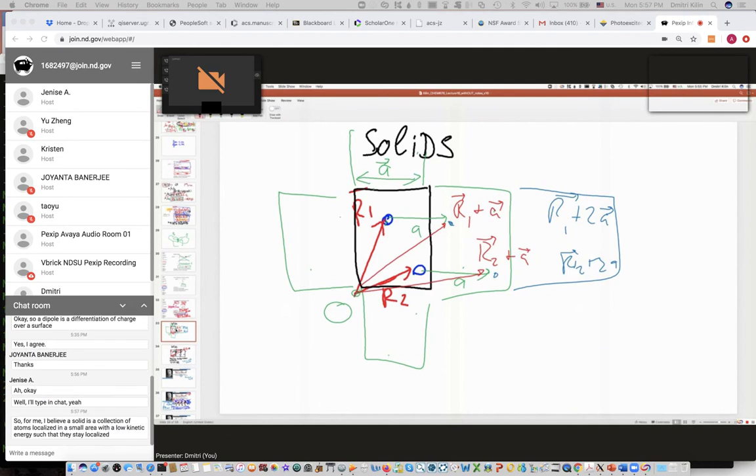Oh, okay, I see Janice. I will read out loud. For me, I believe a solid is a collection of atoms localized in a small area with a low kinetic energy such that they stay localized. Yes, you are correct in the following sense.